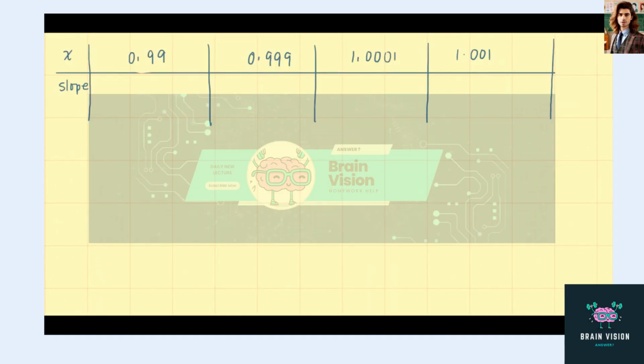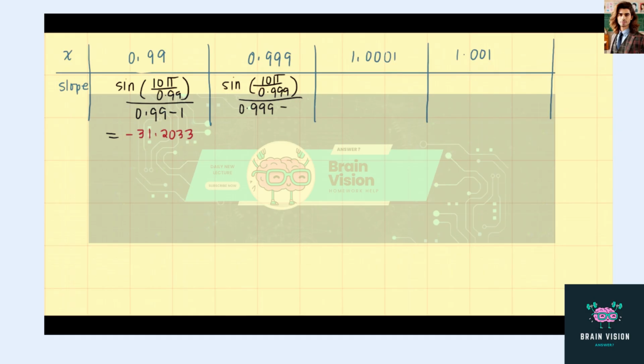Now, if x is 0.99, we have sine of 10 pi over 0.99 over 0.99 minus 1, and we get negative 31.2033. If it's 0.999, we have sine of 10 pi over 0.999 over 0.999 minus 1.